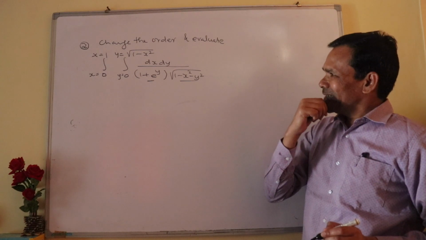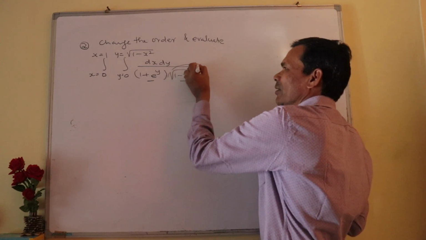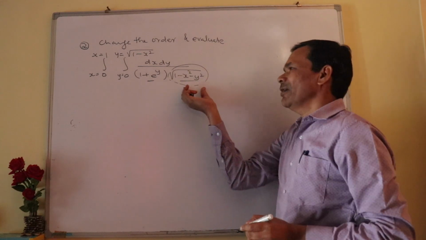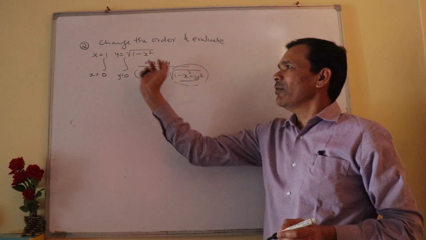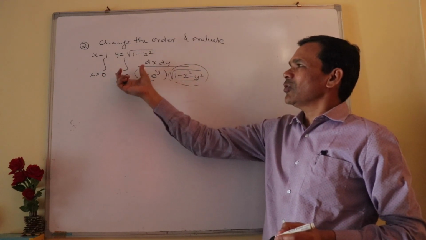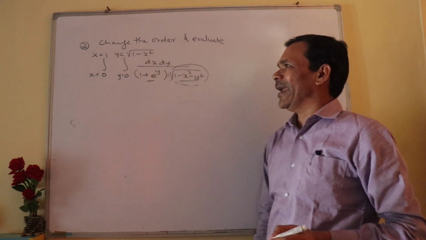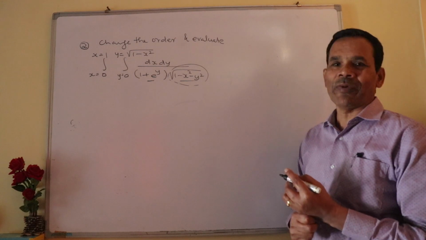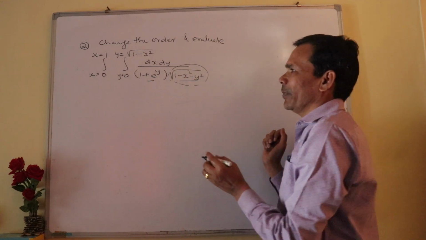It is easy to integrate with respect to x, keeping y as a constant. This is already a function of y, we can take it outside. So to integrate with respect to x, we have to change the order of integration. We have to make the variable limits for x, and it is possible only by changing the order of integration.